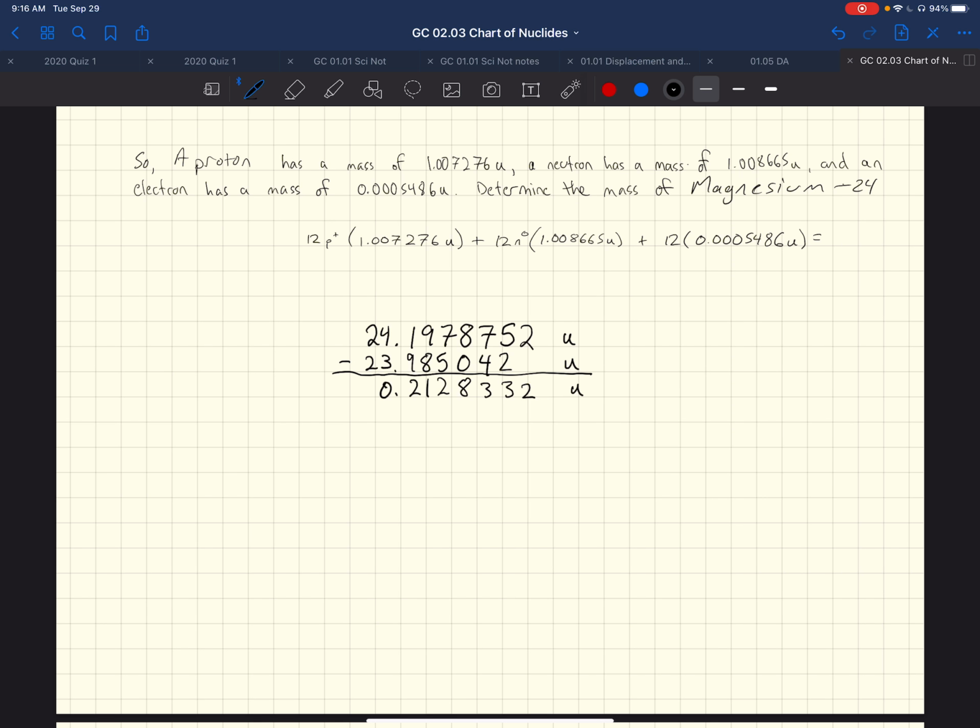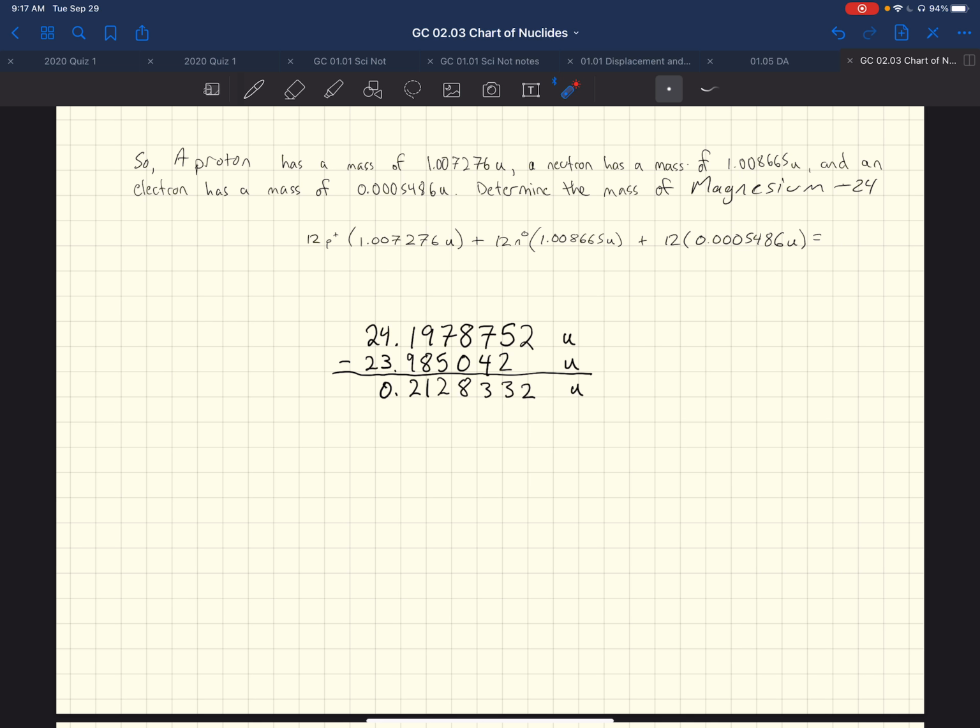Okay, so that's interesting. The mass of this nuclide, this isotope, is actually less than the mass of all of the individual pieces together. All right, which means that mass has been lost, and that's weird.